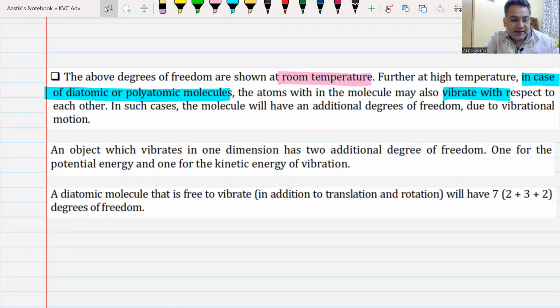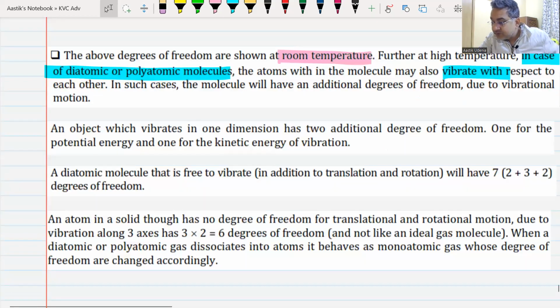A very important fact here about the degrees of freedom in solids. What type of degrees of freedom will an atom in a solid have? How many degrees of freedom will atoms or molecules of a solid body have? They cannot translate, they cannot rotate, they can only vibrate.